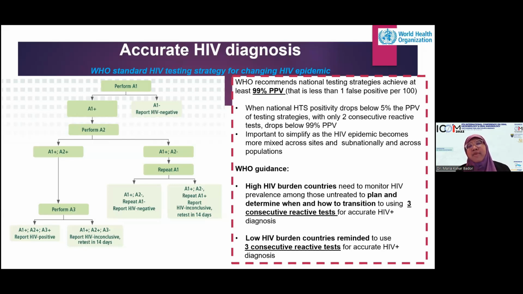What I understand is we are low burden, less than 5%, and we need 3 consecutive reactive tests for an accurate HIV diagnosis. They did not mention differentiation tests, so we consider ourselves as doing one anyway. They have also updated the line immunoassay, so that's good. They also said that Western blot shouldn't be used because of the inaccuracies, difficulties and turnaround time.